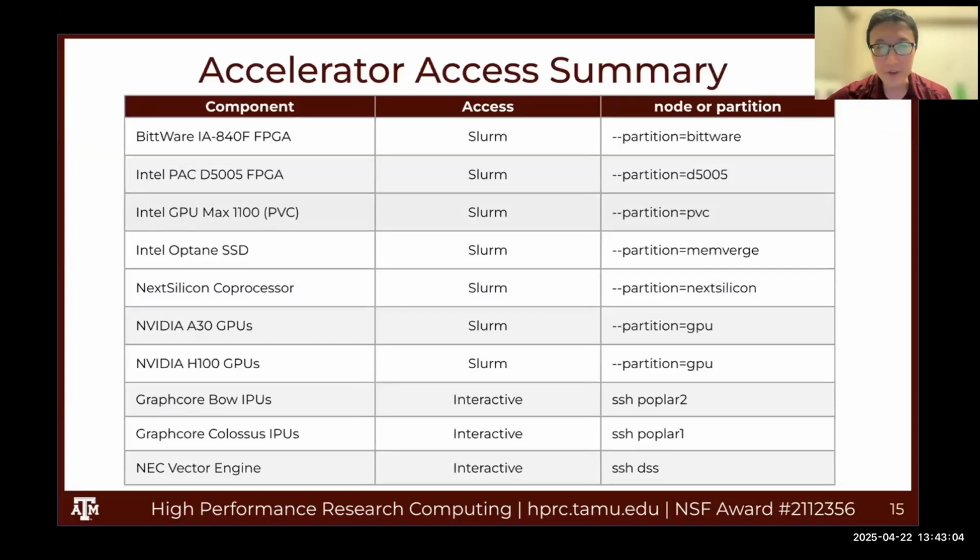To submit your job, you need to tell the job script what particular partition you want to use, so that your job is routed to a particular queue with the specific kind of accelerator that you want to use. This shows the nodes and the partitions. For those who are not familiar with Slurm and job submission, you probably want to refer to the previous YouTube videos that HPRC is offering. You can find those on our YouTube channel.